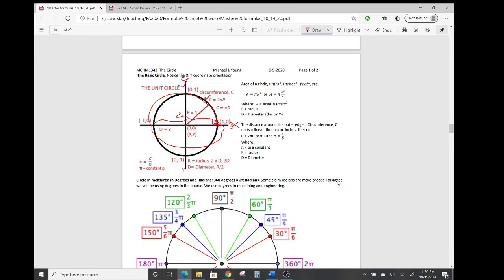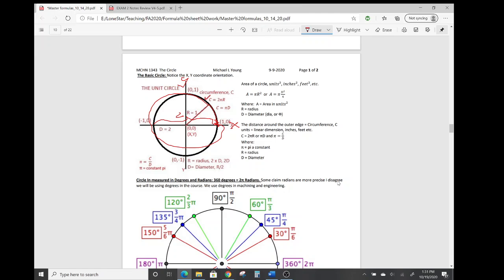Okay? We'll talk more about roots later. It's either inches squared, feet squared, yards squared, miles squared, light years squared, whatever. Okay? The basic formula, it's up in the formula sheet, for the area of a circle is pi r squared, or it's the area of a circle is pi d squared over 4.